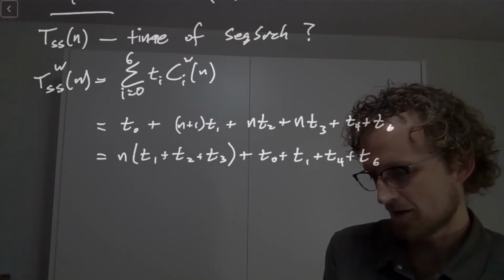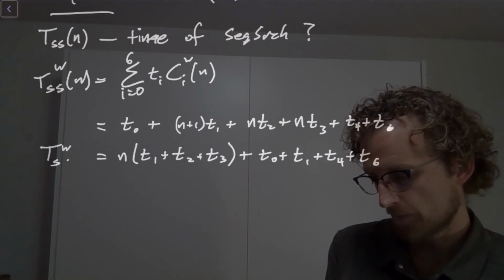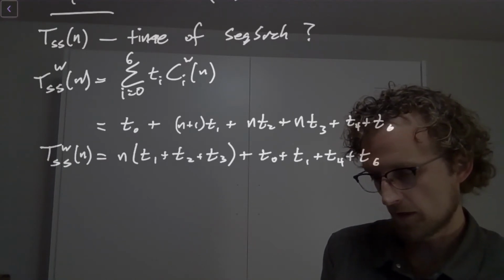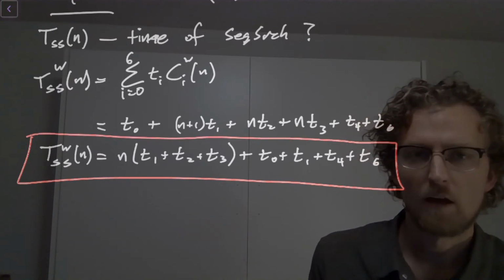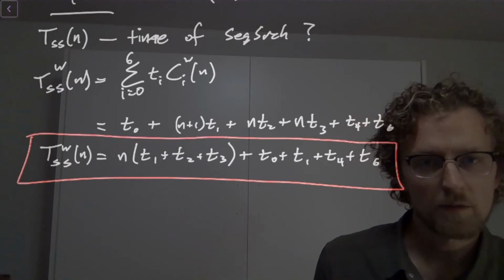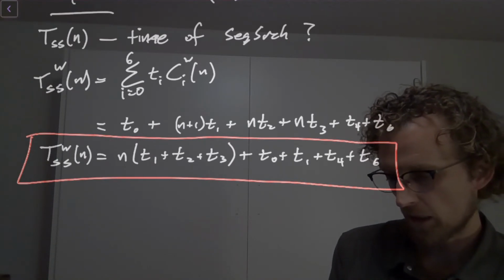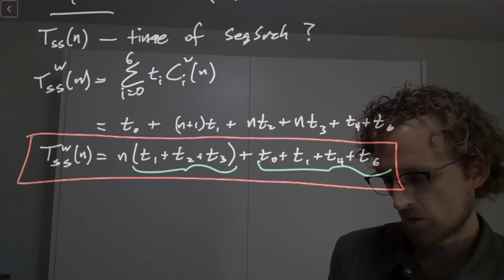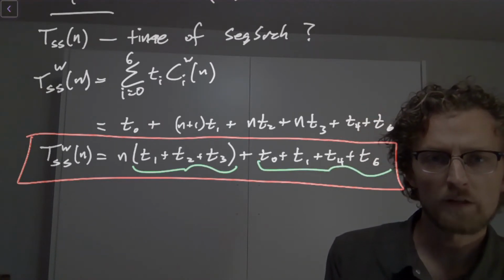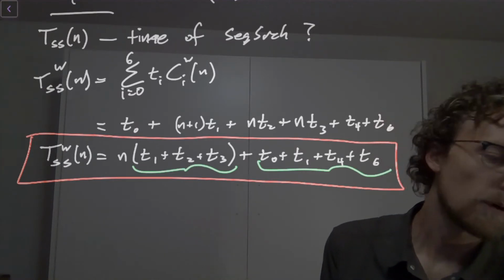So here's almost what we were looking for, T of n, this big thing right here. Let me simplify it in one simple way. Let me collect these terms into one thing, and these terms into another thing.